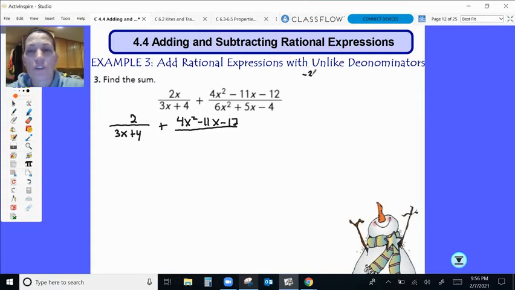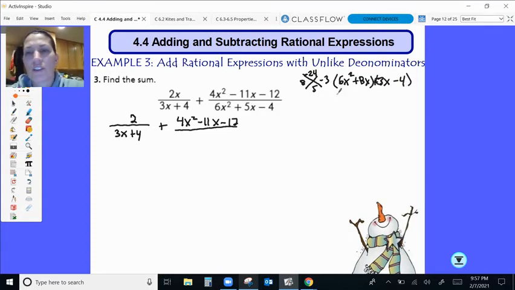So factors of negative 24 that add up to 5. What's that going to be? It's going to be positive 8 and negative 3, right? So I'm just going to factor this over here. We're going to have 6x squared plus 8x minus 3x minus 4.